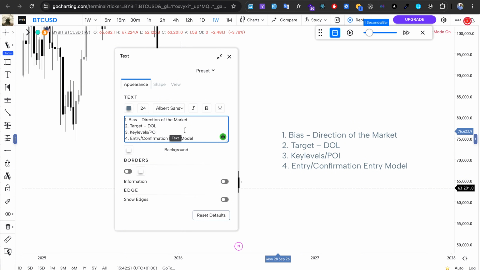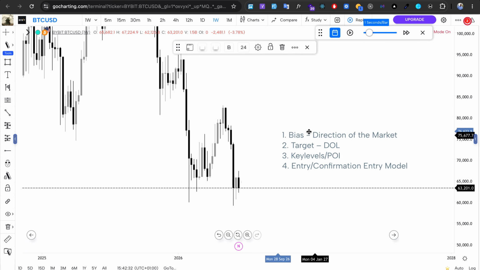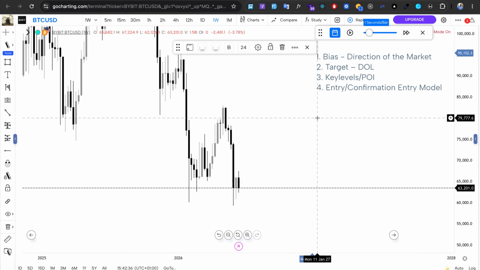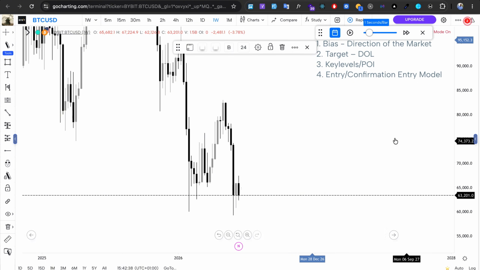One, bias. Two, target. Three, key level. Four, entry or confirmation at the key level. So let's put this here. First of all, we look at the bias.